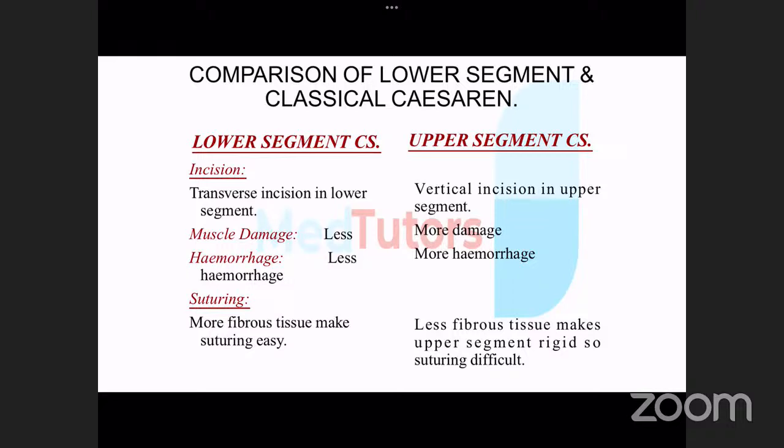In terms of suture, when you are going to repair the uterus, the lower segment incision is easier because there's more fibrous tissue and less muscle in the lower segment compared to the upper segment, which is where you make your incision in the classical cesarean section. In the upper segment, there's less fibrous tissue and more muscle tissue, which is more difficult and more rigid to repair. In fact, you need to repair the upper segment in 3 layers, not in 2 layers as in lower segment incision. Next slide, please.